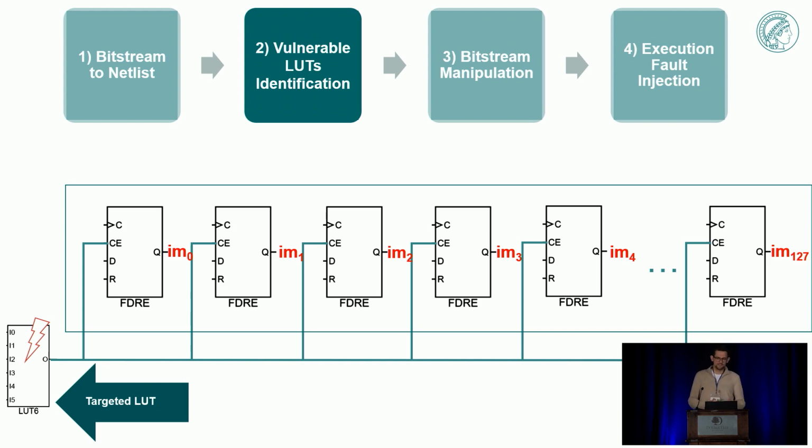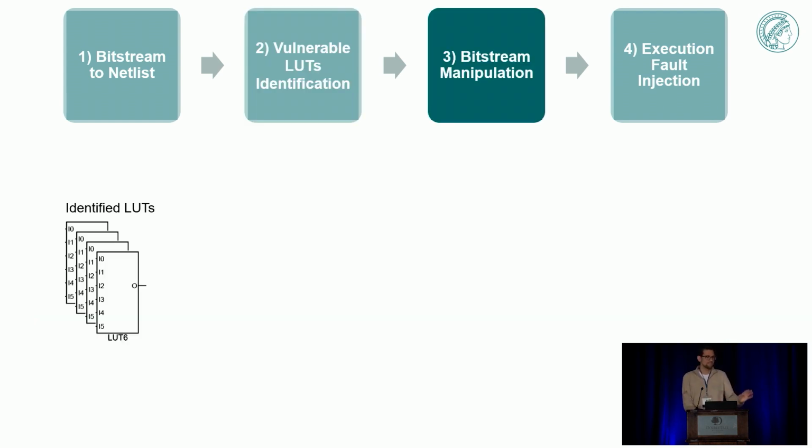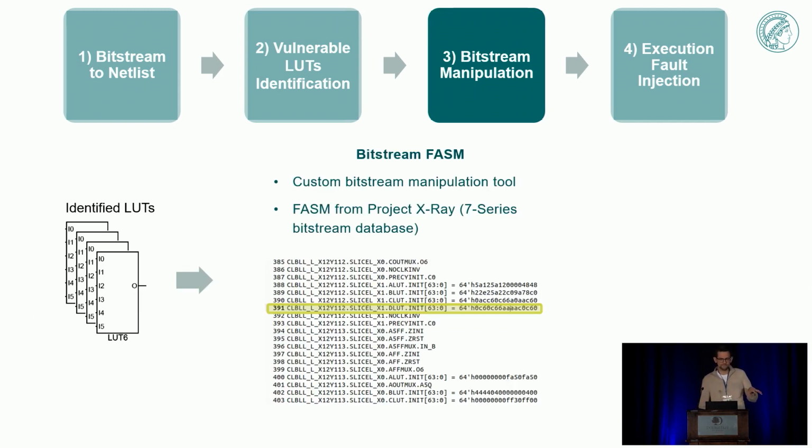And of course, as this function can be done in many lookup tables, we get several lookup tables, right? So we get multiple lookup tables, so we call our attack fuzzing, right? We get some lookup tables. So we identified these lookup tables, and then carry out the bitstream manipulation by some custom manipulation tool, again built on this FASM format, right?